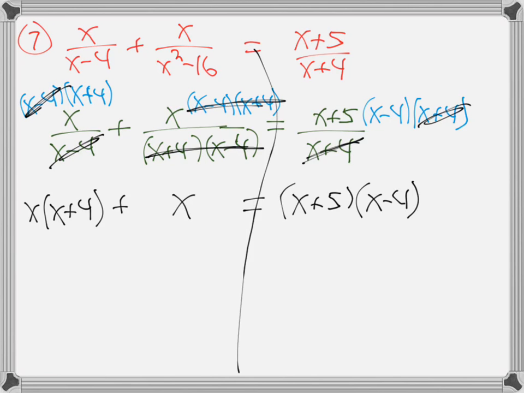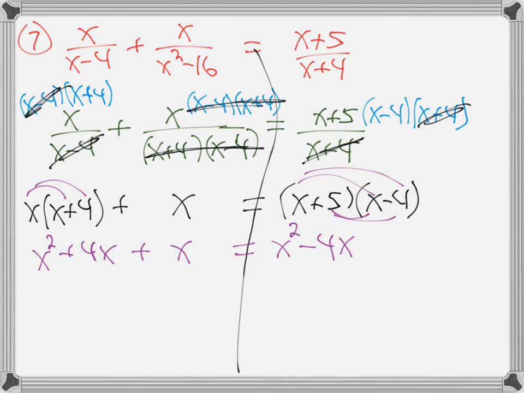Give you another minute. Okay, so I'm going to distribute x times x, x squared plus 4x. Over here, x squared minus 4x plus 5x minus 20.